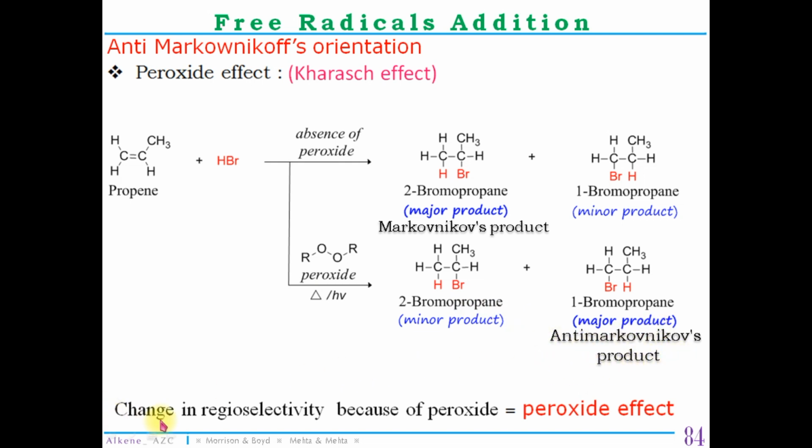This change in regioselectivity because of peroxide is called peroxide effect or Kharasch effect. As this reaction is performed in presence of peroxide under heat or radiation, it is free radical addition reaction and it is the example of anti-Markovnikov orientation.